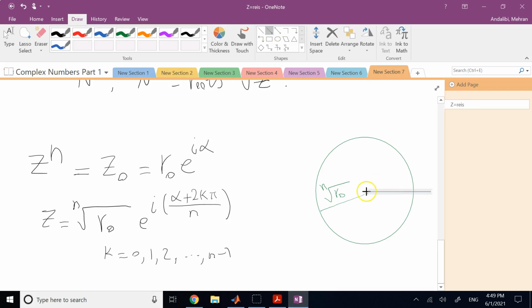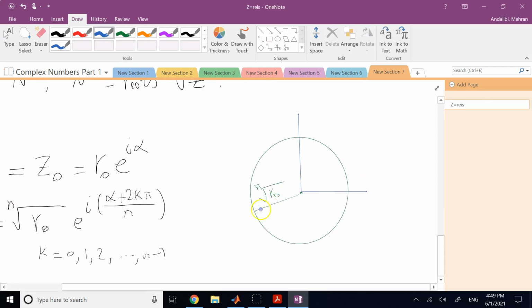That's the radius of the circle all of these nth roots are on, and then the angle of the first one is here, alpha over n, so that's your first root, where this angle is alpha over n.